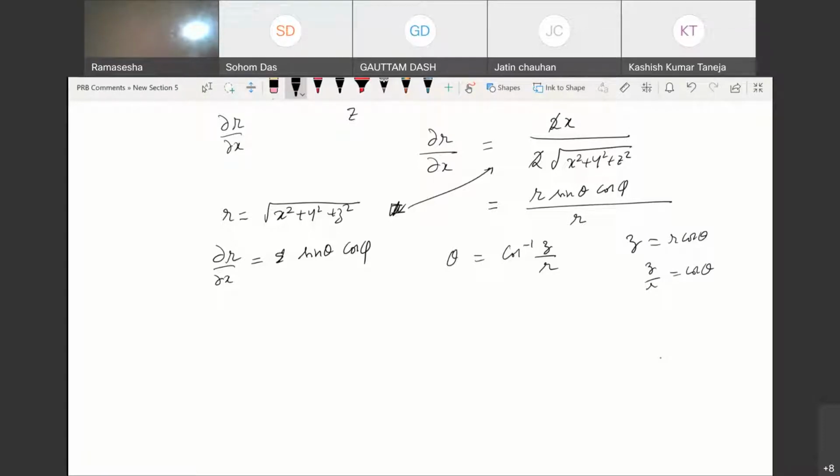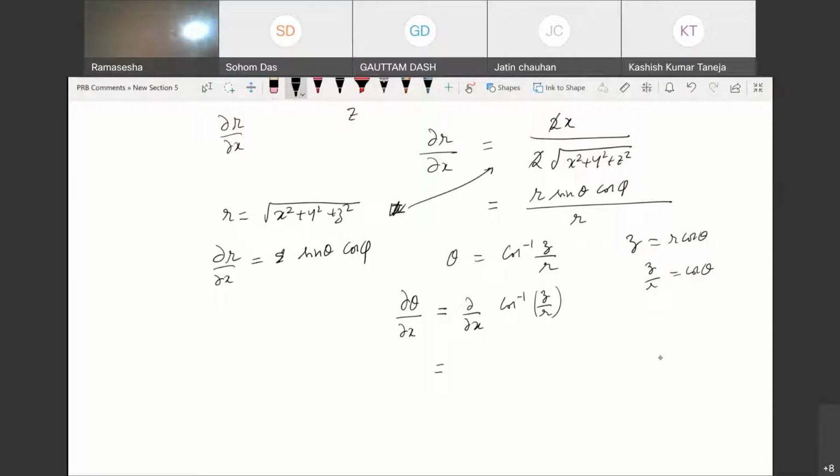So now if I want to get del theta by del x, then that's equal to del by del x of cos inverse of z by r. Let me go step by step.